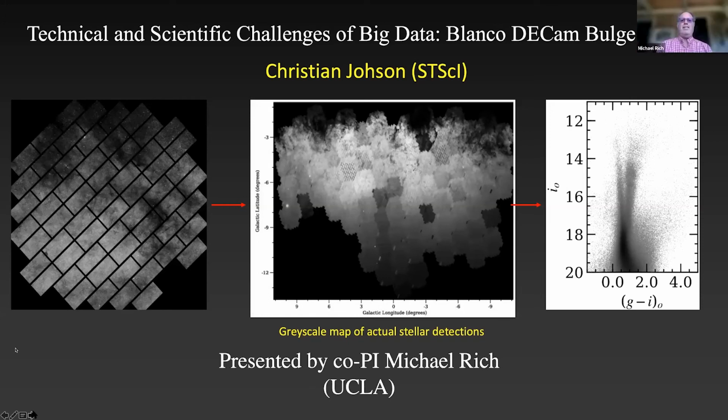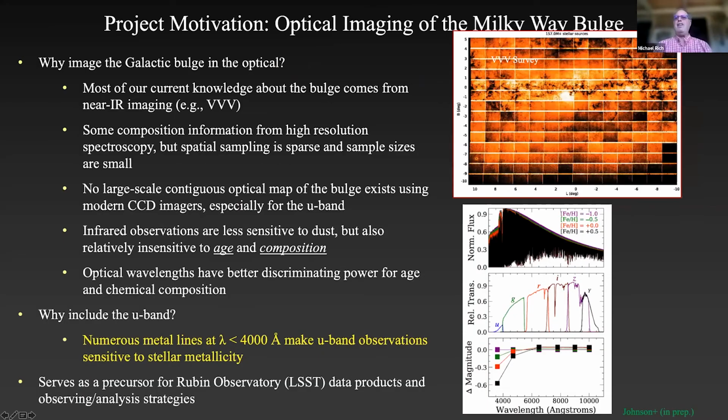My apologies. So I'm presenting on behalf of Christian Johnson. We're co-principal investigators of the Blanco DECam Bulge Survey. You can see the bulge in the optical, where you primarily get much more about age and metallicity from the optical colors.